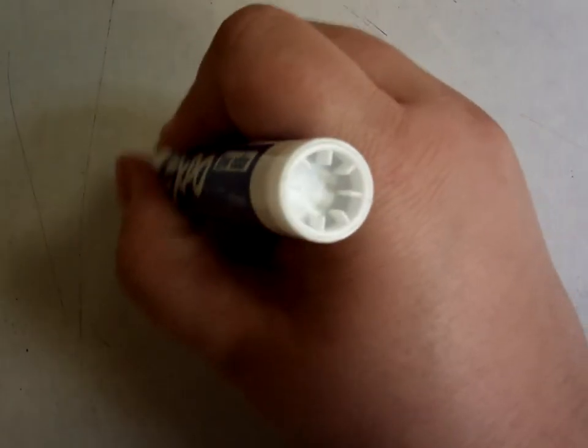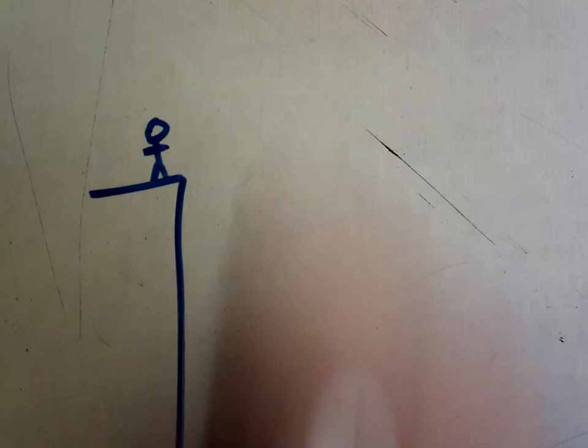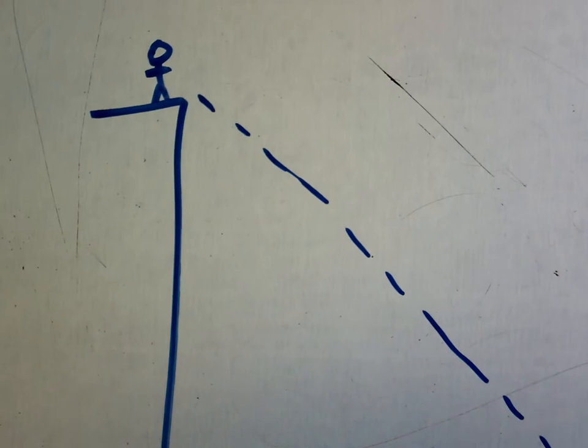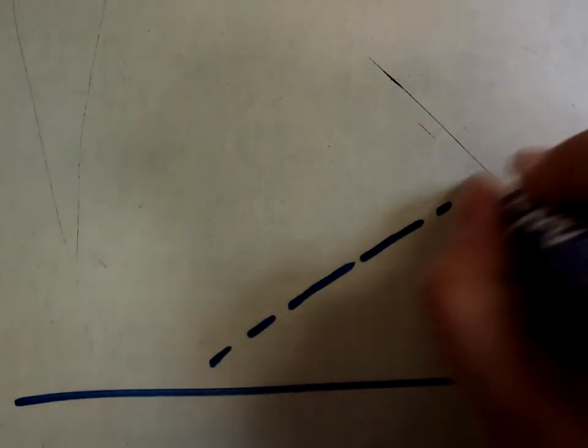Most of these problems, someone is looking up or down at something. Someone is looking down off the top of a building at a dog walking across the ground, or someone is looking up at a bird flying by, or a hot air balloon up in the sky.